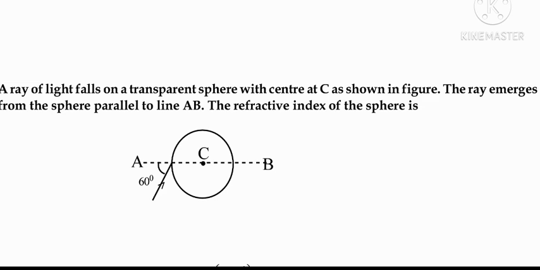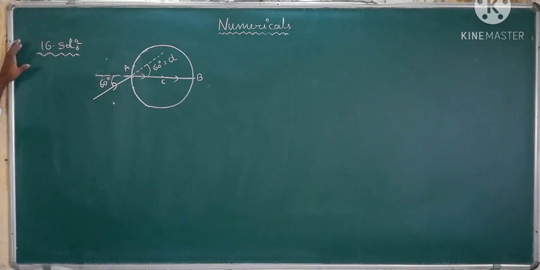This is a transparent sphere having center C, and the light falls on the transparent sphere, and finally the emergent ray is parallel to the line AB. Then the refractive index of the sphere is? Here the angle of incidence is given, that is 60 degree, and we need to get the refractive index of this sphere.